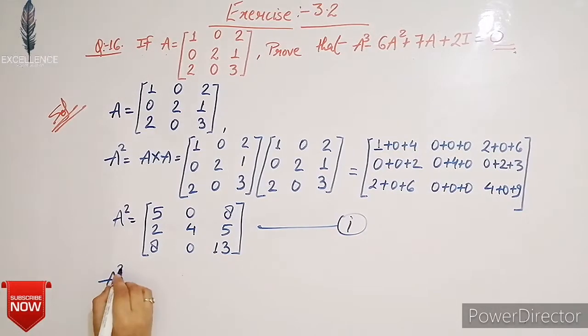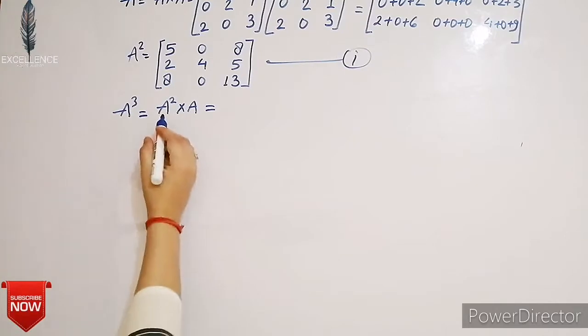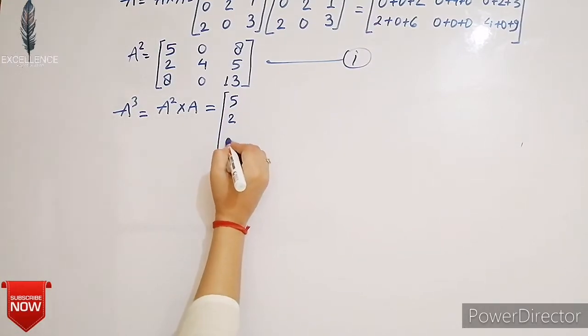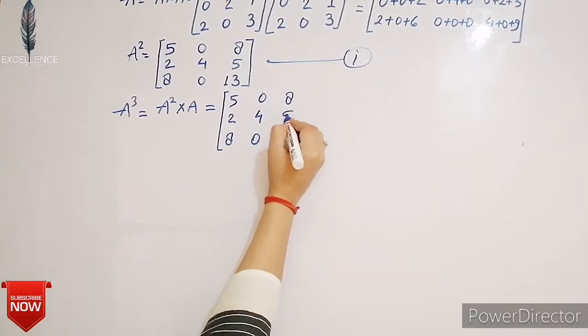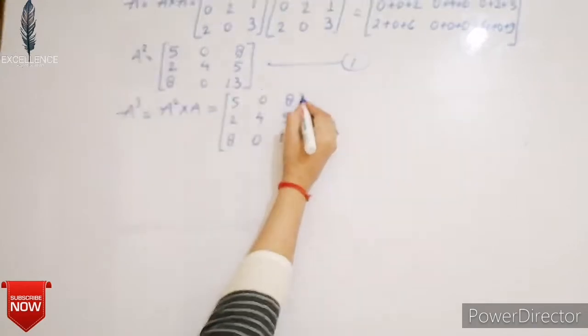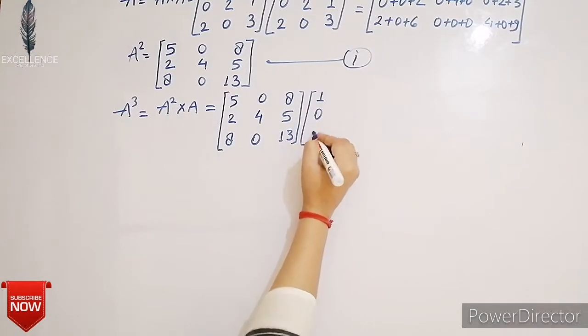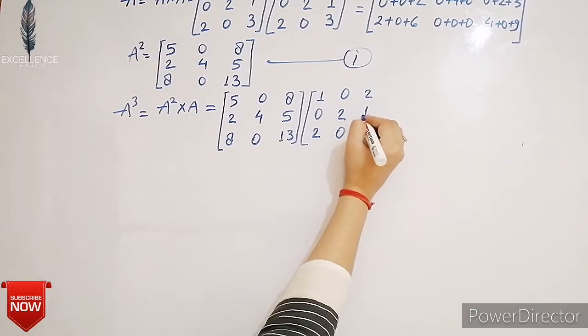Now A cube is equal to A square into A. The value of A square from first is 5 0 8, 2 4 5, 8 0 13, into the A matrix, that is 1 0 2, 0 2 0, 2 1 3.